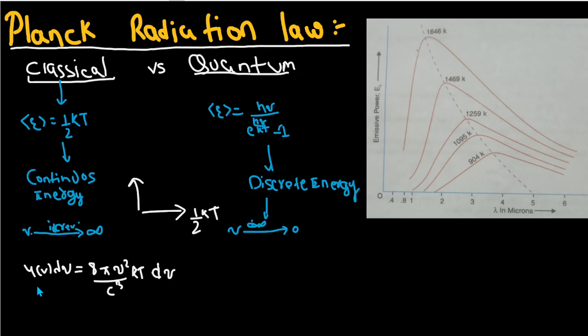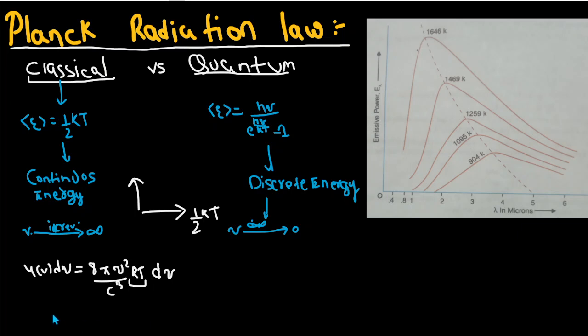Here, the energy density, which is energy per unit volume emitted by the blackbody radiation within a frequency range dμ, is equal to 8πμ² divided by c³, times kT dμ. So here the whole problem is with this. Remember, in our previous lecture we discussed how to find the energy density, or energy per unit volume, in a given frequency range.